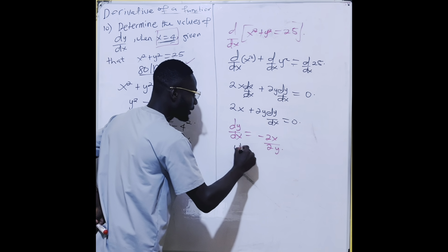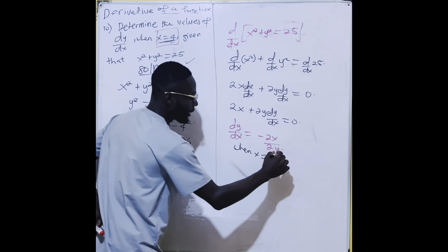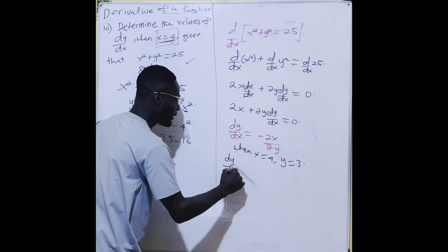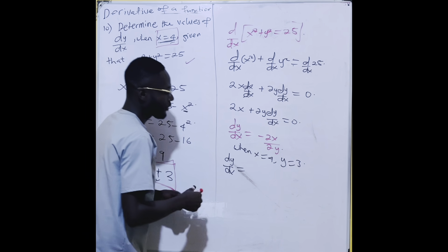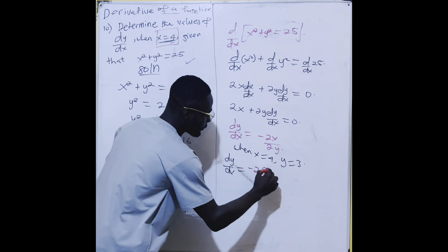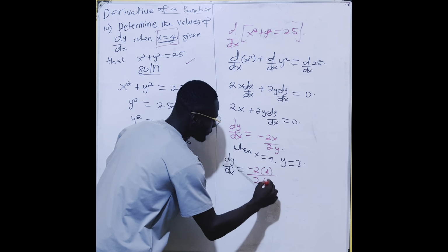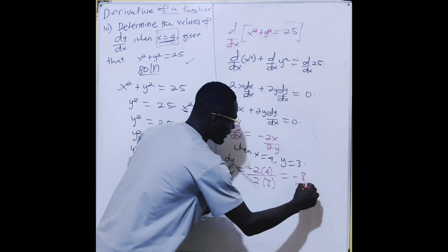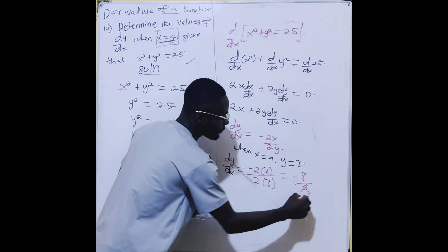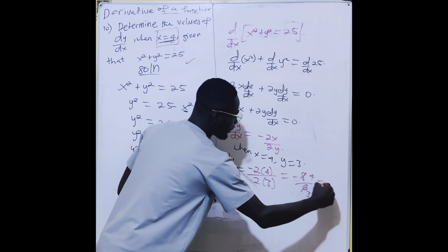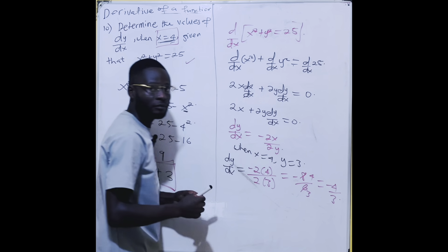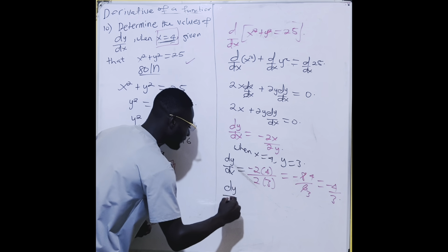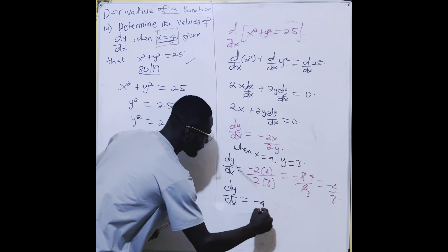So when x equals 4 and when y equals positive 3, we're going to have dy dx to be equal to negative 2 into 4 divided by 2 into what? 3. So we have minus 8 divided by 6. So this 2 goes here 3, 2 goes here 4. So we have minus 4 over 3. So the first value is negative 4 over 3.